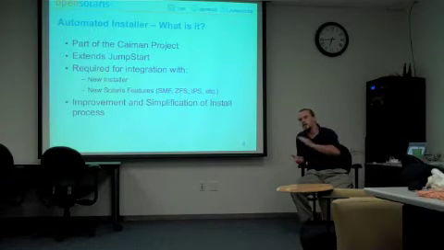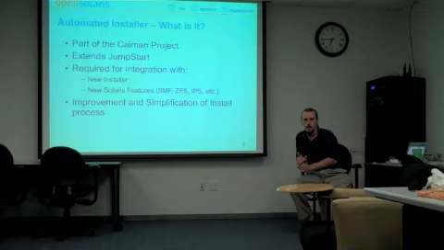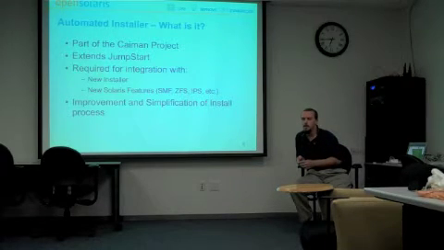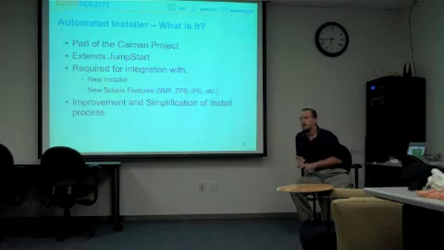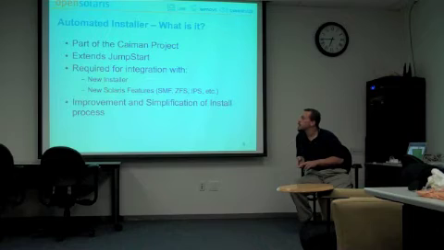Underneath Caiman there are a number of projects: the automated installer, the new installer interface you see when you install Opensolaris today, the quick GUI that you click through, the distro constructor, and about two or three other projects. One of those is the automated installer.